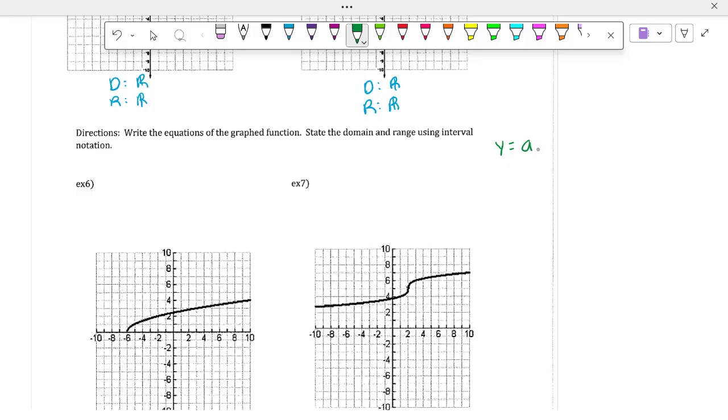So it's a times the square root of something x minus h, and then with plus k on the outside, where h, k is still your vertex. Cube root, exact same thing, just with a cube root instead of a square root.